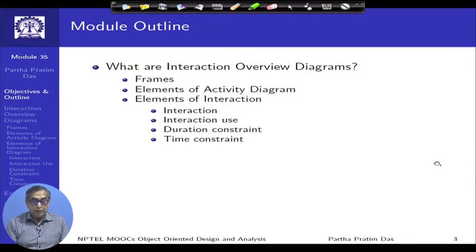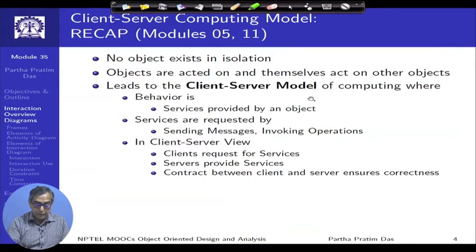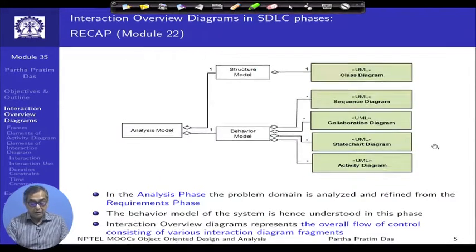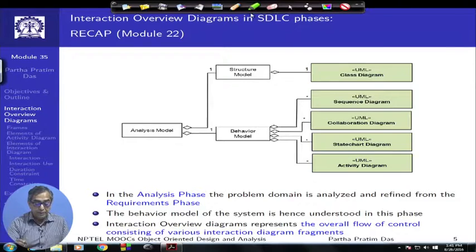This is the module outline, which will be available on the left of your screen all through the presentation. Client server model, you must be master of this now. The interaction overview diagram, as I said, is not separately listed here, because these are the different kinds of interaction diagrams that you have.